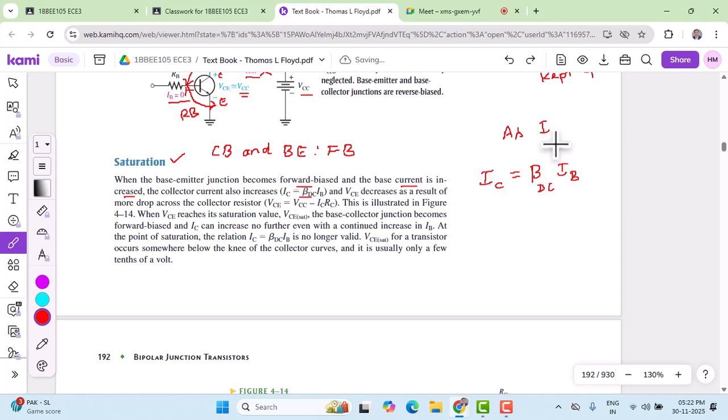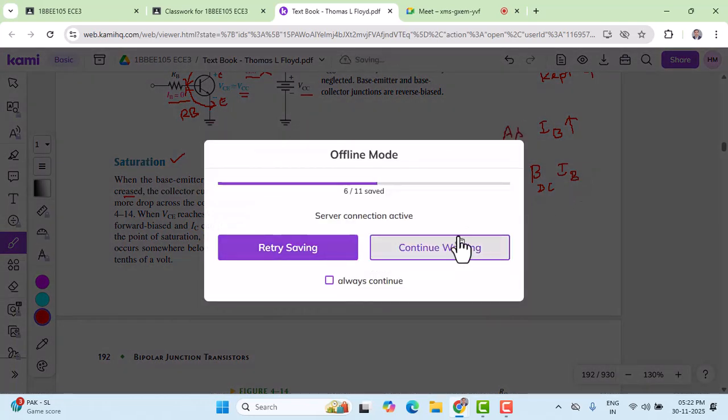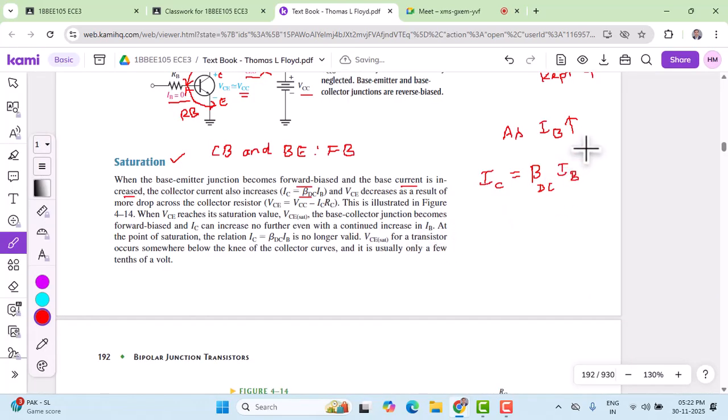As we said already, in the forward bias, as base current increases, the increase in the base current increases the collector current. But what will happen to the collector emitter voltage? According to this equation, VCE equals VCC minus IC RC. This is the equation that we have obtained by applying KVL.